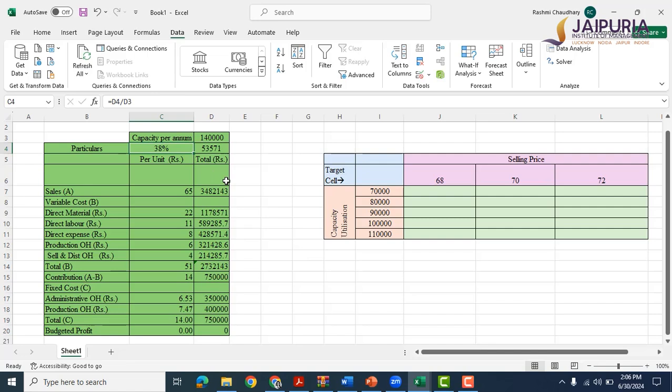That means if you are working below 38%, you'll be incurring a loss. And if you are producing and selling over and above 38%, you will be earning a profit in the business. And at 38%, it's the break-even point, that is no profit, no loss condition. So if you are selling 53,571 units, you are at the break-even point.